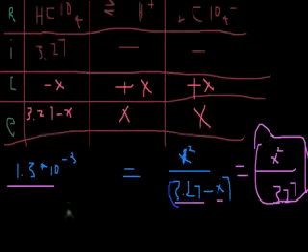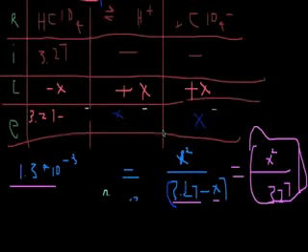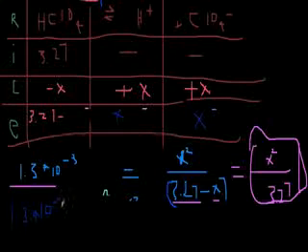But first, let's solve it. So we have to solve for x using the equation x squared over 3.27 equals 1.3 times 10 to the negative 3. So 1.3 times 10 raised to the negative 3 equals x squared over 3.27.